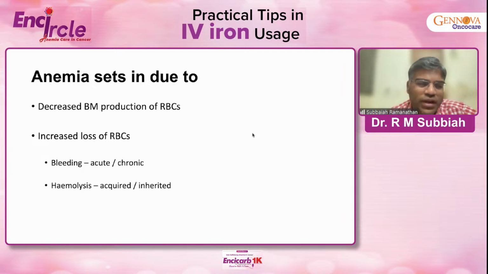So only through these mechanisms can anemia happen: either less production or increased loss. In bleeding, the red cells, white cells, platelets, and plasma, everything is lost. Whereas in hemolysis, only the red cells are destroyed, either within the bloodstream or sometimes extravascularly, as in the liver or spleen. The reduction in the oxygen carrying capacity of the blood is anemia, and it can happen in all these three ways.